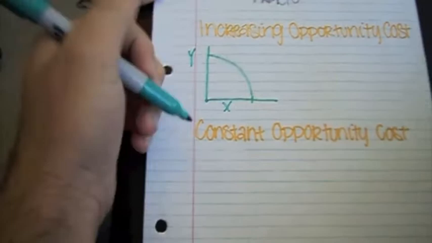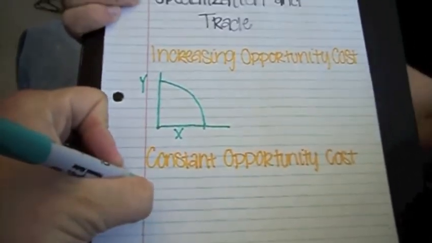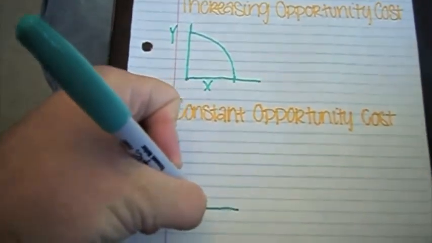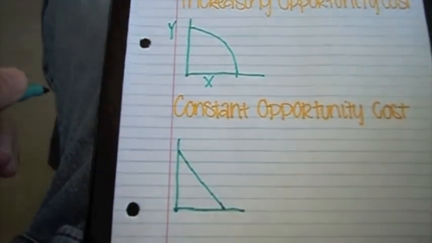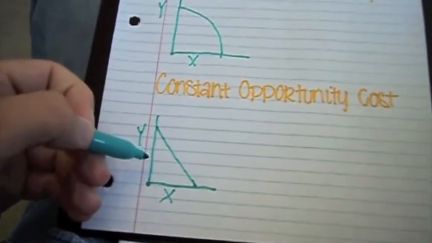Now for the constant opportunity cost model, which we're going to use in this lecture, each unit is worth exactly the same no matter how many additional units you try to obtain. And that's described using a straight line.